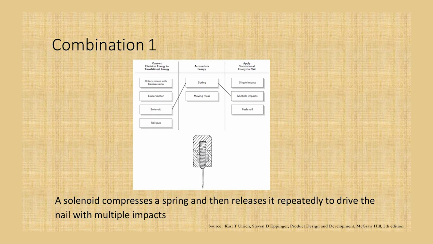How much is that? If the stiffness is K, and it is compressing by delta x, how much is the energy that you are storing? Half K delta x square, right. So, that half K delta x square will let you get that 10,000 watts. You can do your maths around it. So, what stiffness spring K should I choose?